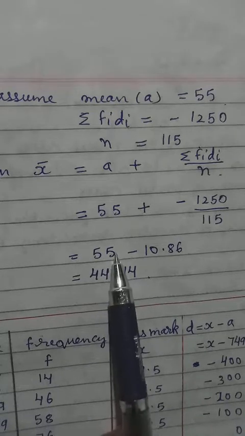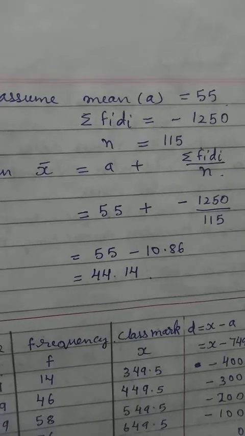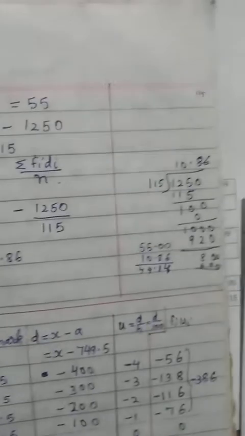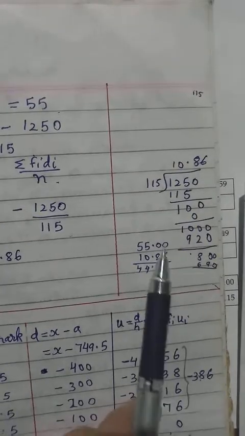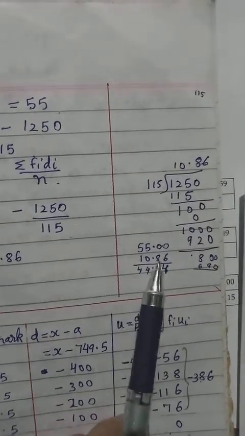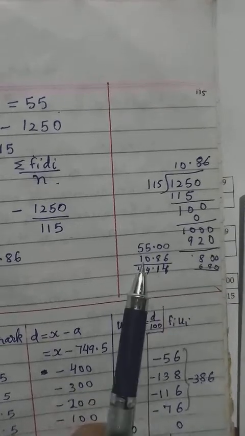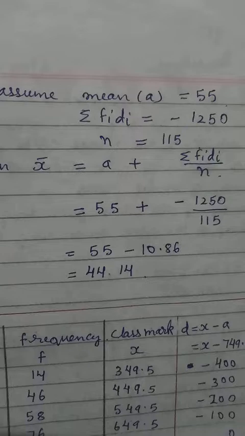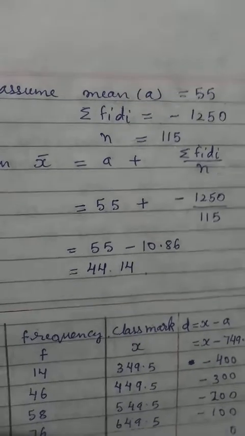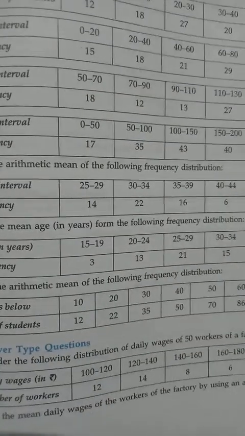Remember 55 has no decimal, so be careful, produce your own decimal: 0.00, whole put this side, decimal put that side, then you minus properly. So the mean here is equal to 44.14.